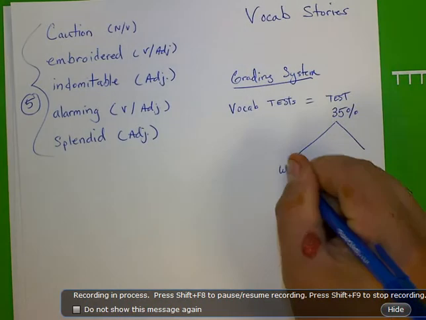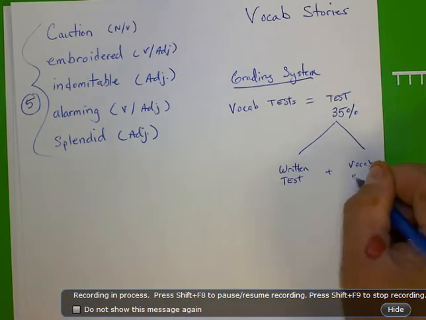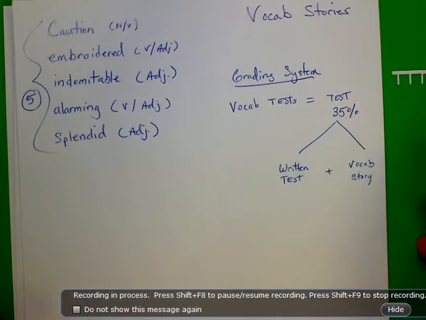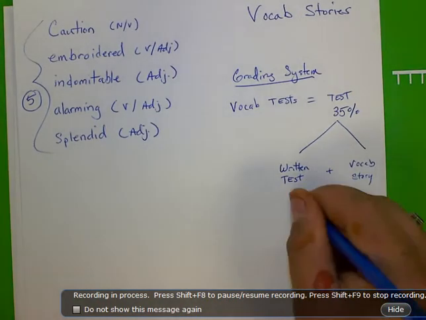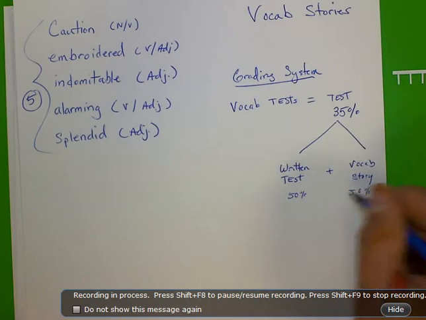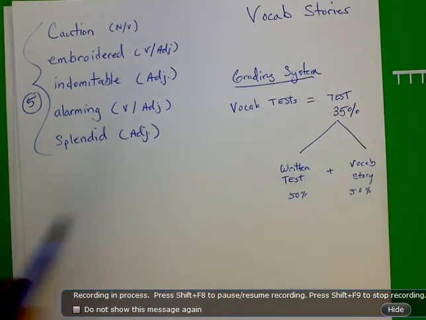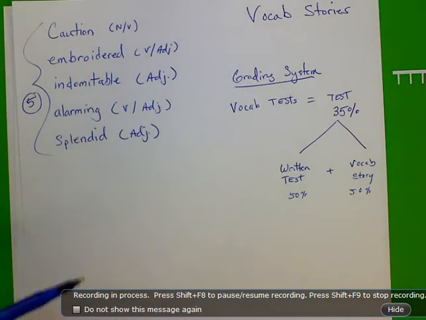There's a written test, and there is the vocab story. So, as you can see, there's 2 parts, so this is a 50-50 relationship. Together, these 2 parts make up your test grade when you take a vocabulary test.